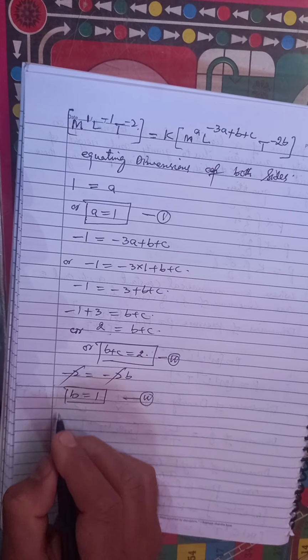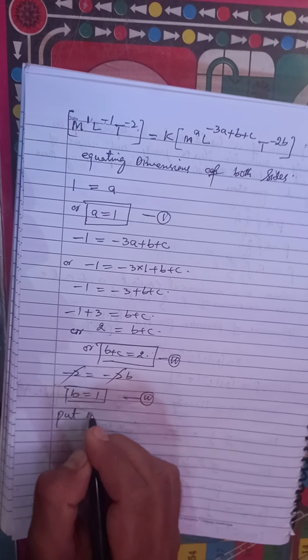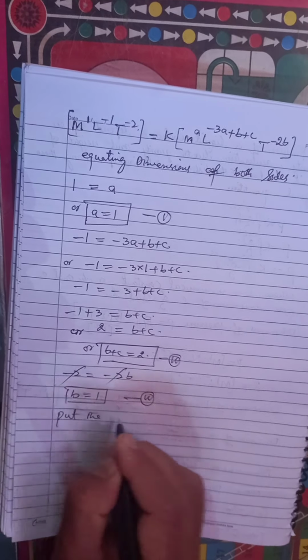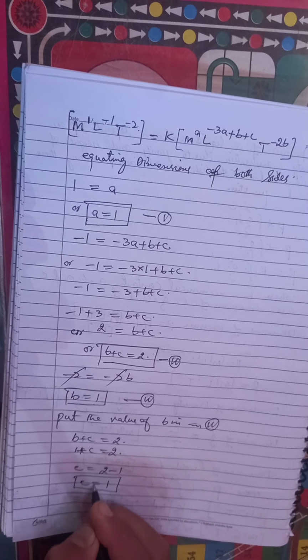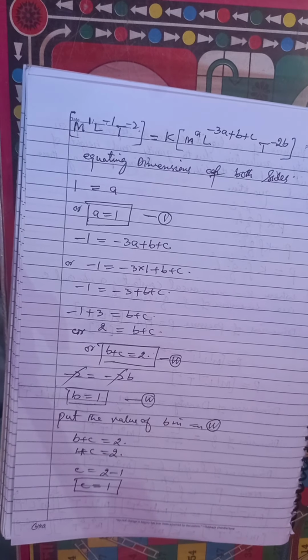Putting the value of b in equation second, that's b plus c is equal to 2. So b is 1, plus c is equal to 2, or c is equal to 2 minus 1. So c is equal to 1.